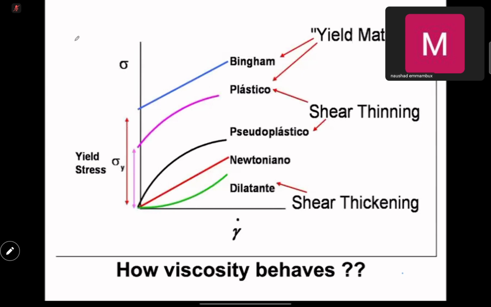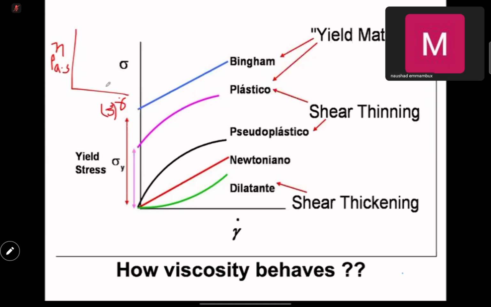So if you look at viscosity here, the unit is Pascal second, and this is shear rate here, which is gamma dot, and the unit is reciprocal second.